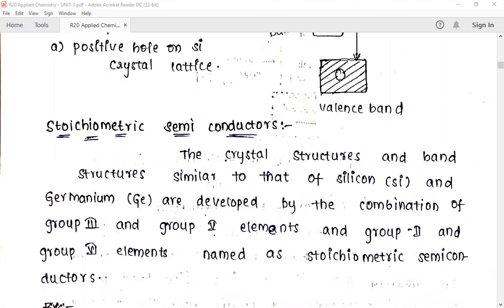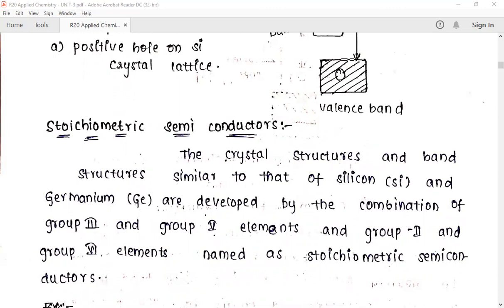Along with these two, there are another two types of semiconductors: controlled valence semiconductors and the fourth one, chalcogen semiconductors, which we will study now.